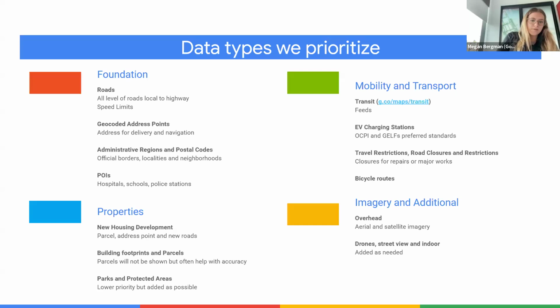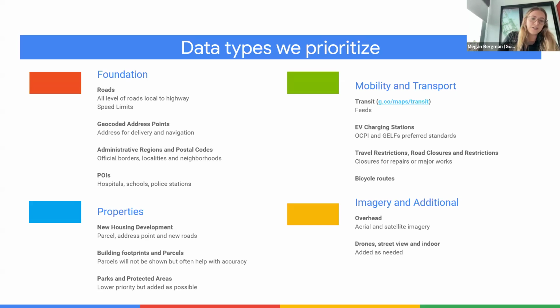In terms of other types of data that we do also support, so new housing developments, this includes the combinations of data types such as parcel data, so boundaries for individual properties, address points, and new roads that typically come as a package to us when there's new housing developments being built. Building footprints are really helpful to help us understand where buildings exist and where the roads go to meet them.